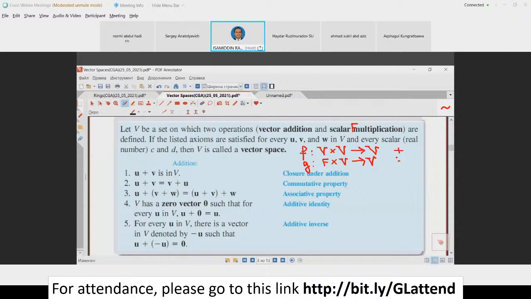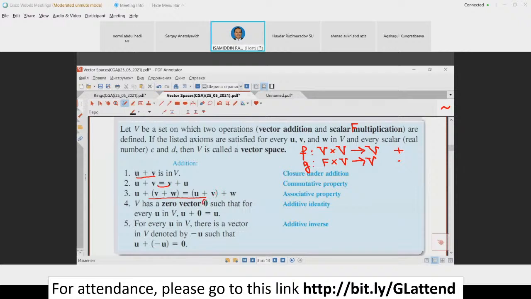With respect to addition, V must be abelian group again. So that means this function must be given. This is the first axiom. This addition must be commutative, must be associative.